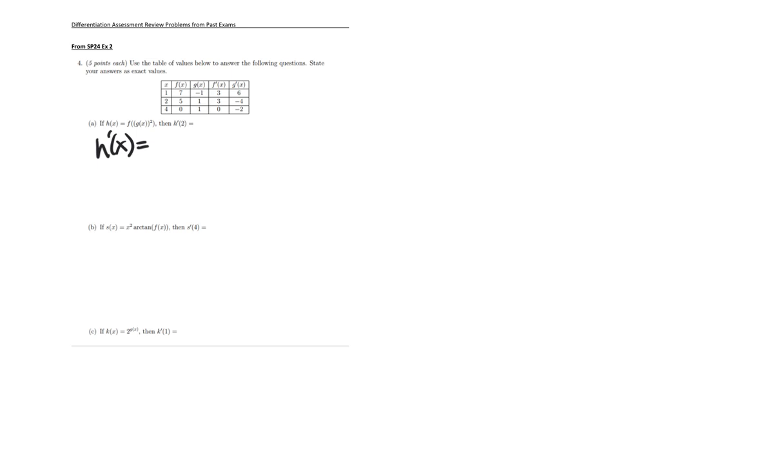So that will be f prime of, leave the inside alone, g of x squared, times, now I'm going to take the derivative of the next layer in, so it'll be 2 times g of x to the first times g prime of x. Okay, sorry, that is g of x to the first power. Maybe I won't write that because it kind of looks like a prime.